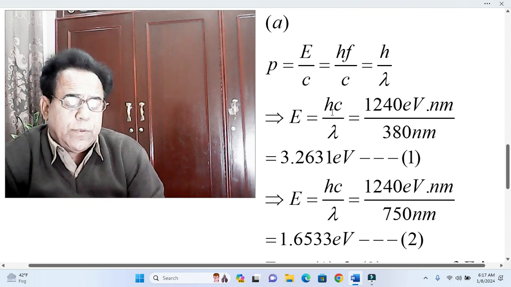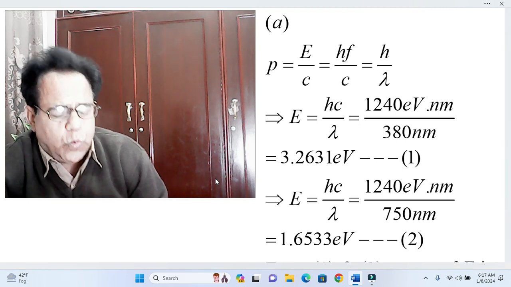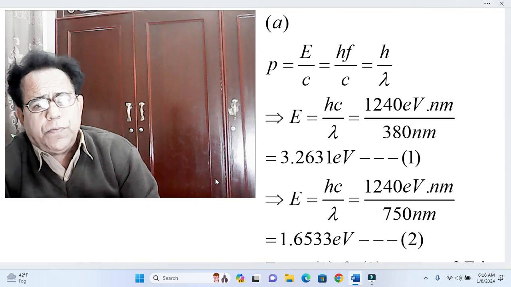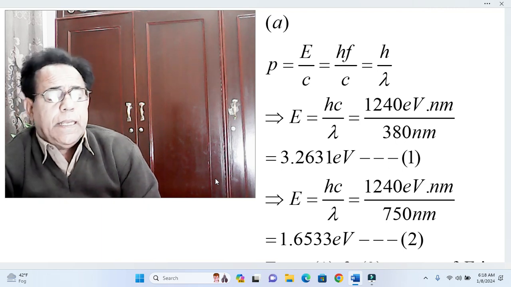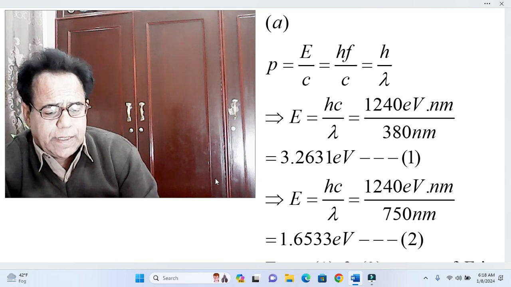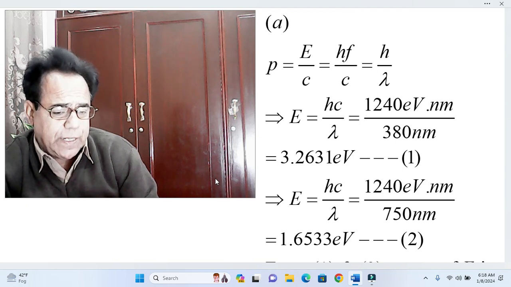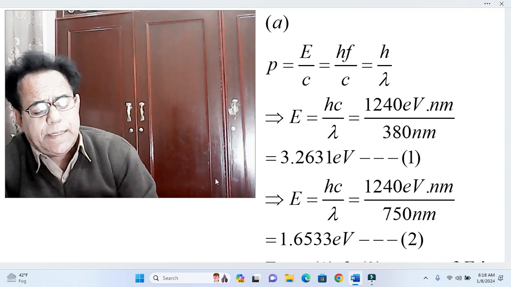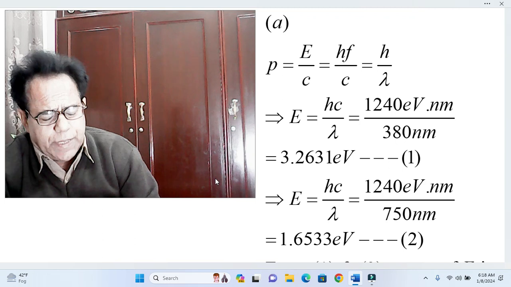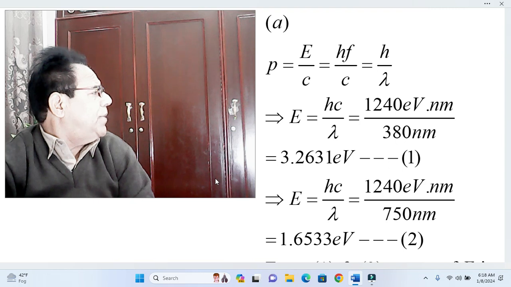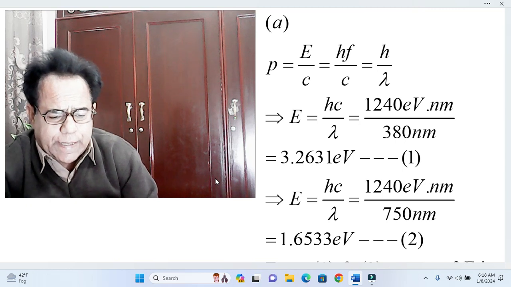Dear students, the table which we have shown as the second snapshot contains a large number of physical constants. Among those, one constant is Planck's constant h, one is c, speed of light, and another is the combined result of these two, that is speed of light into Planck's constant h.